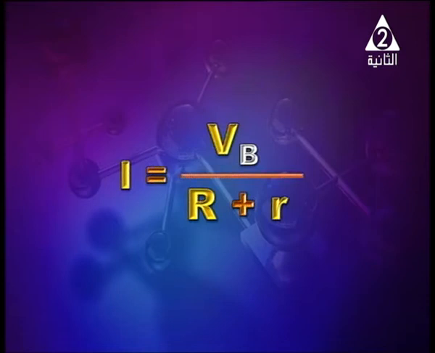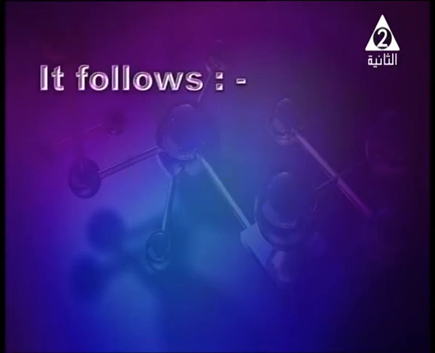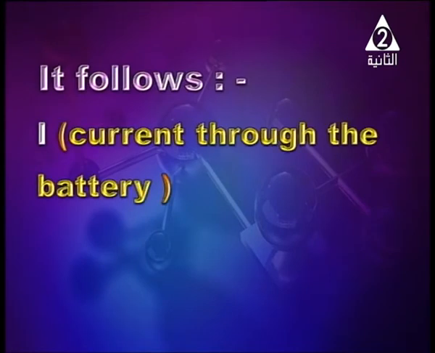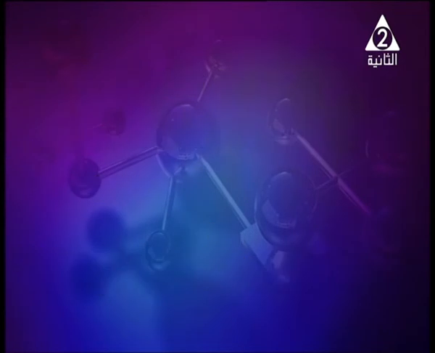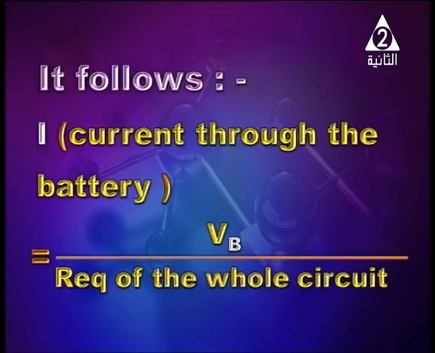The current passing through the battery is given by the expression V battery over R capital plus R small. This is Ohm's law applied to a closed circuit. So I, the current through the battery, equals V battery over R equivalent of the whole circuit, R capital plus R small.